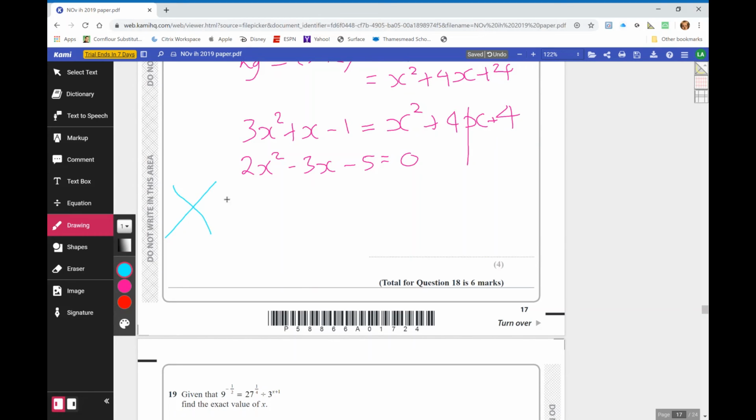So if I draw an x here, I do 2 times minus 5, which gives me minus 10. And then I put the minus 3 here. Now what I need is the two numbers which multiply to get minus 10 and add to get minus 3. So multiply to get minus 10 would be 5 and 2.